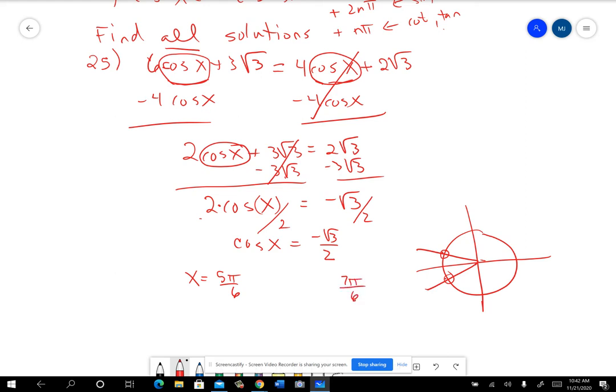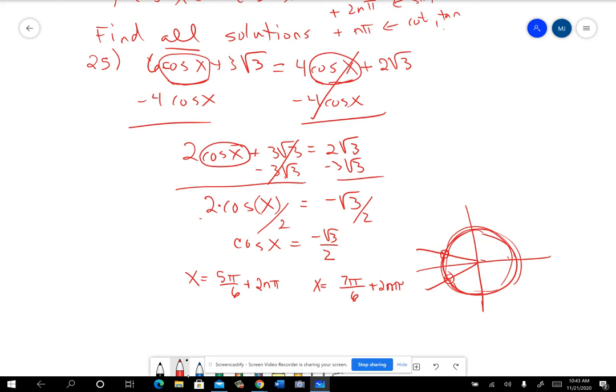But I want all the solutions. So those are the first 2 times I hit it. But then if I rotate again, I'd have those 2 again and rotate again. And I could rotate in either direction. So what you do is you write that extra little plus 2n pi on these.